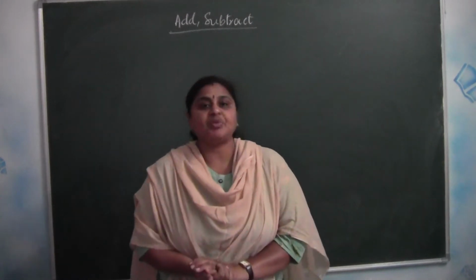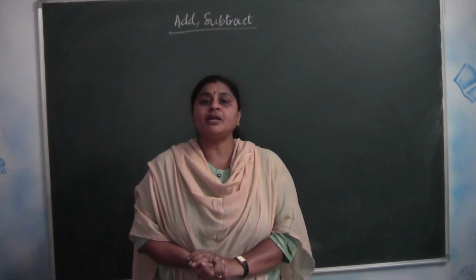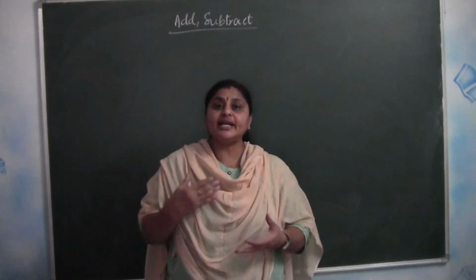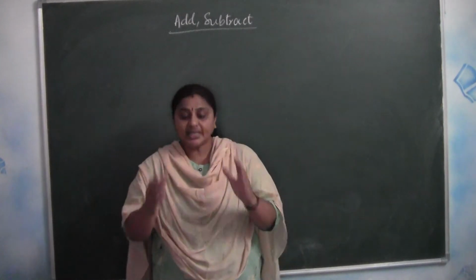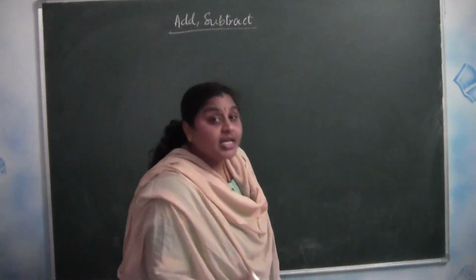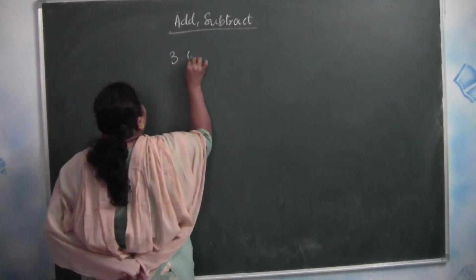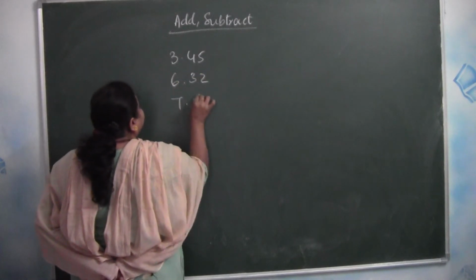Before that, I have explained the concept of like decimals. What do you mean by like decimals? Like decimal numbers are those that have the same number of digits after the decimal point. For example, 3.45, 6.32, 7.54.